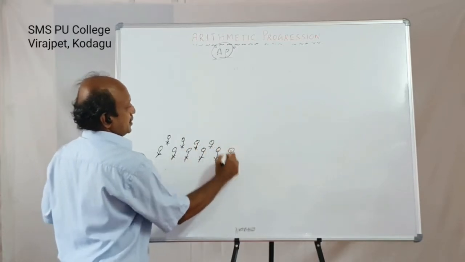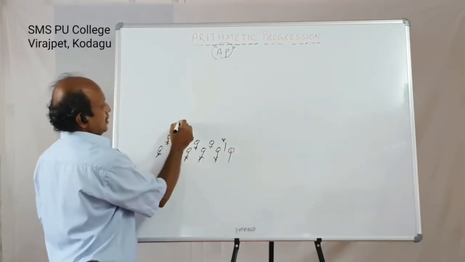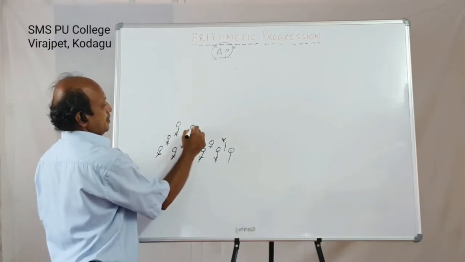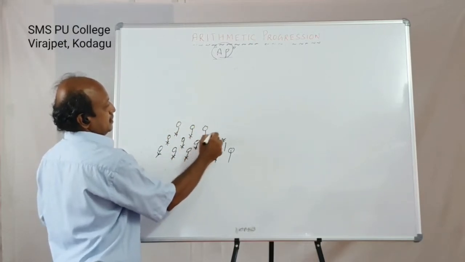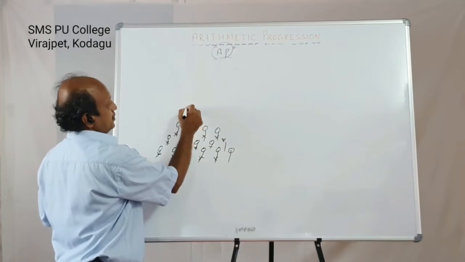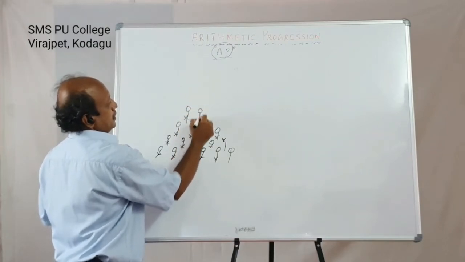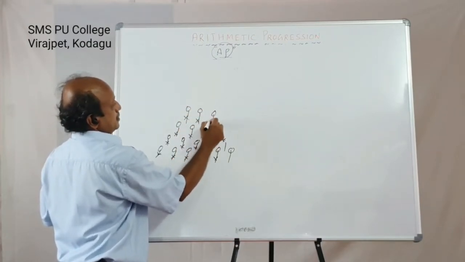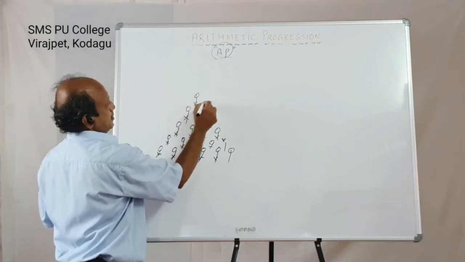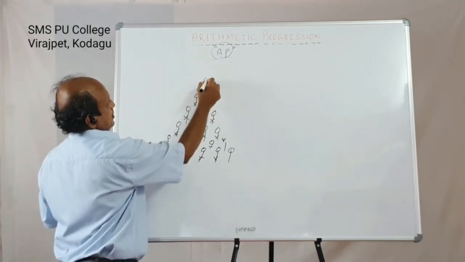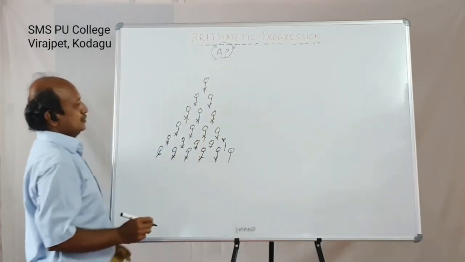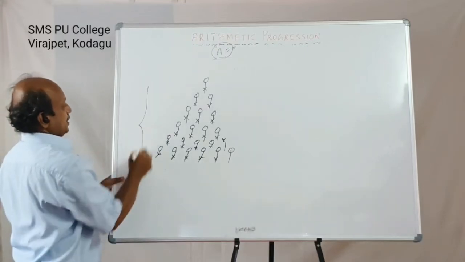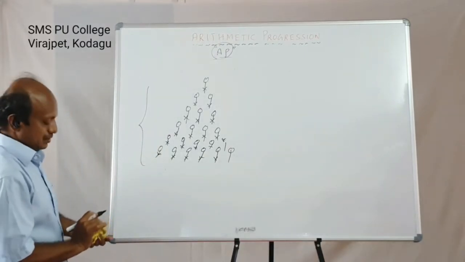If I take here 6, here there will be 5 members. Again, here 4 members will be standing. It continues up to 1. Now, totally how many members participated in the pyramidal formation?